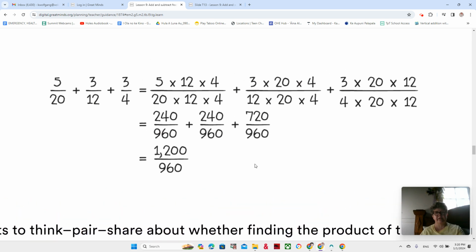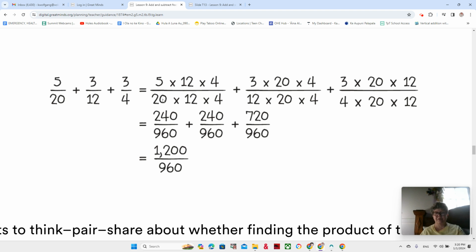Now let's check out this one. Look at the huge number, 112 960ths. Whoa. Because this person said, well, I'm going to multiply them all by each other. So times 12ths times fourths, and then 12ths times 20ths times fourths, and then fourths times 20ths times 12ths.